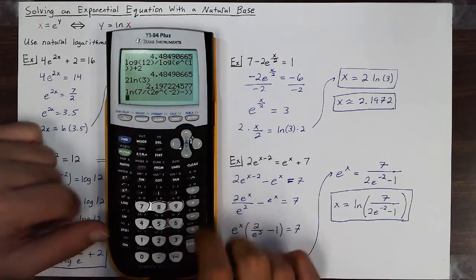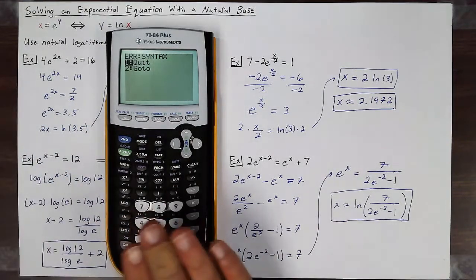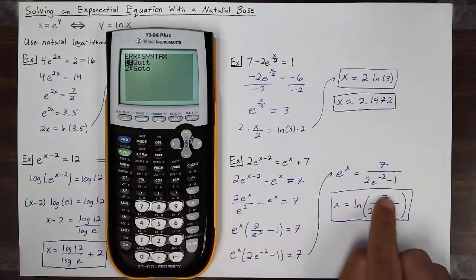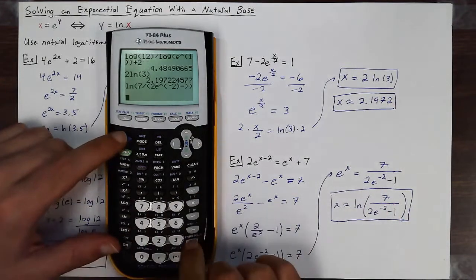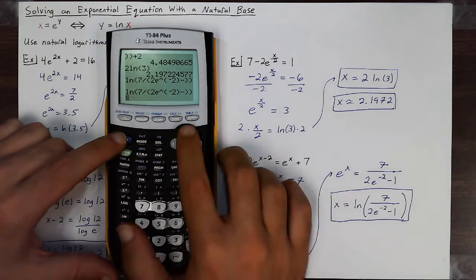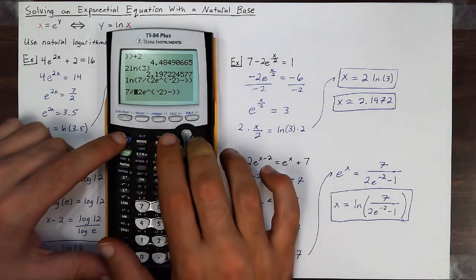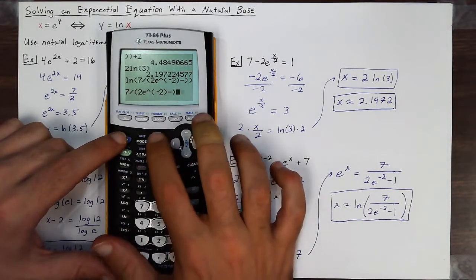I think I had enough parentheses, and that is a syntax error. So what happens is this expression on the inside is actually a negative number.